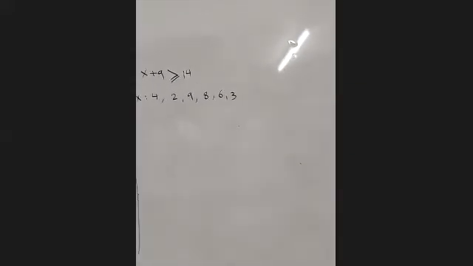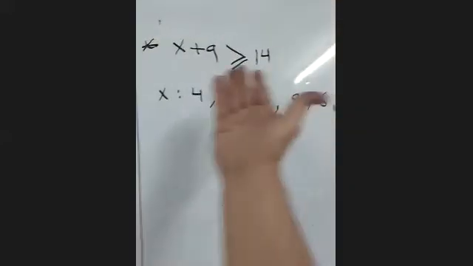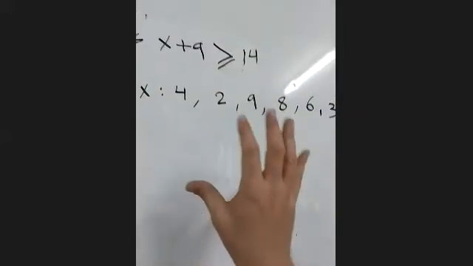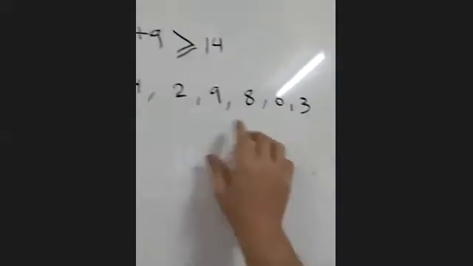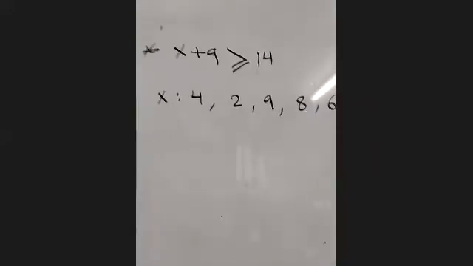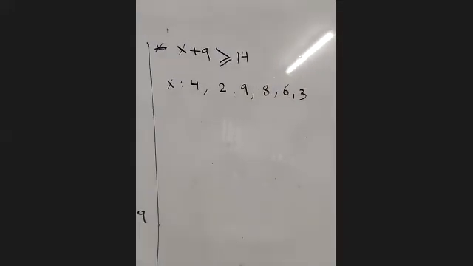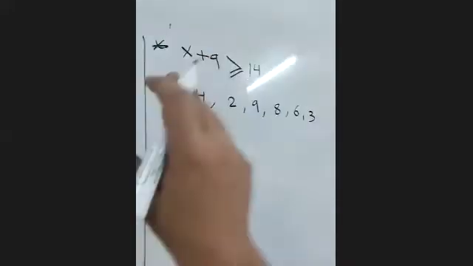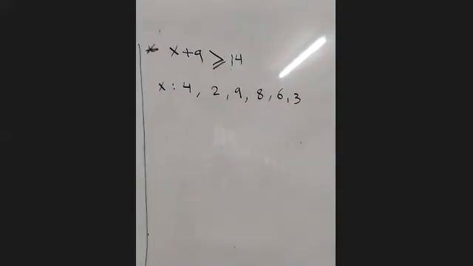Now focus, guys. Here I have an inequality, and I want to know which one of these numbers is a solution for the inequality. Now, if you remember the equations, guys, when we solve the equations, to check our answer, we always replace the variable by the number, then see. Remember? We did that always.